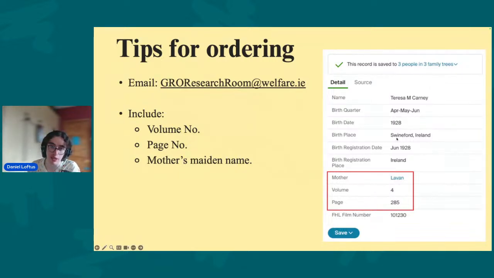Just try and include as much information as you can in your query. If you were looking for a research copy, it would be a €5 fee. If it is a certified copy, it would be €20 when you email that address.